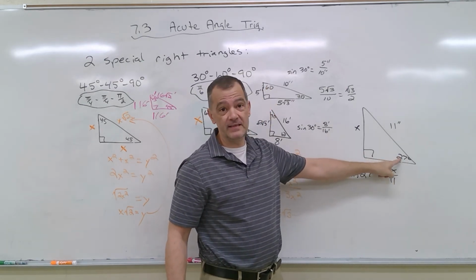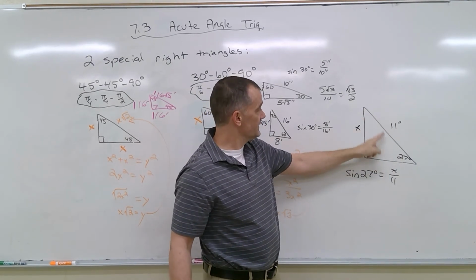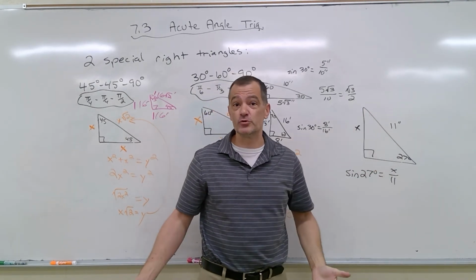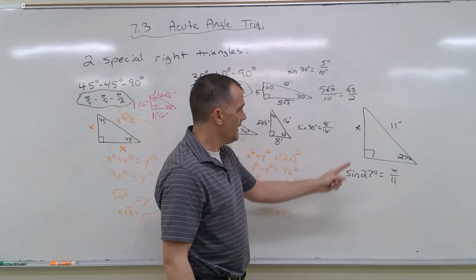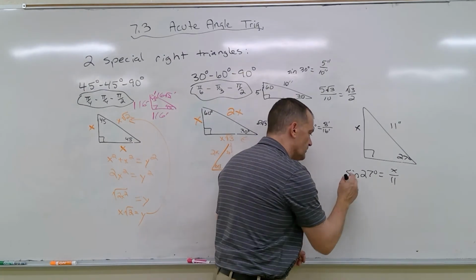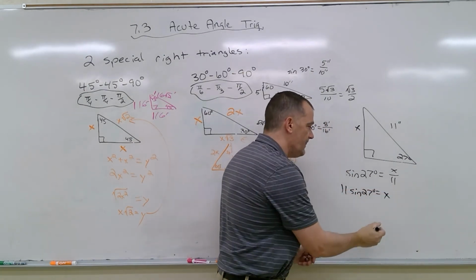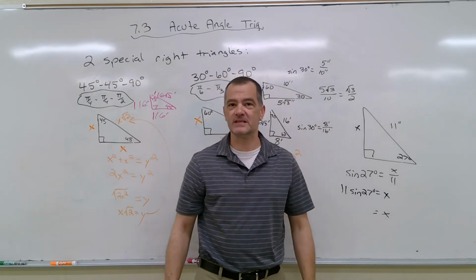Now, if you want to find the complementary acute angle to this one and then use a different trig ratio, then knock yourself out. But as written, we're looking for the opposite given the hypotenuse. Multiply both sides by 11. And this is when you know you have to use a calculator.